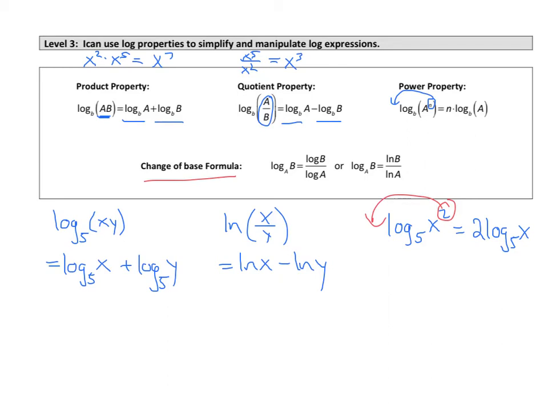However, newer calculators do have a function that allows you to evaluate a log, and the change of base formula is not necessary on a newer calculator. So it's kind of something that isn't as important now as it used to be, but we'll show it to you anyways. And it probably won't be the big focus of level 3. The 3 top properties are the most important part.